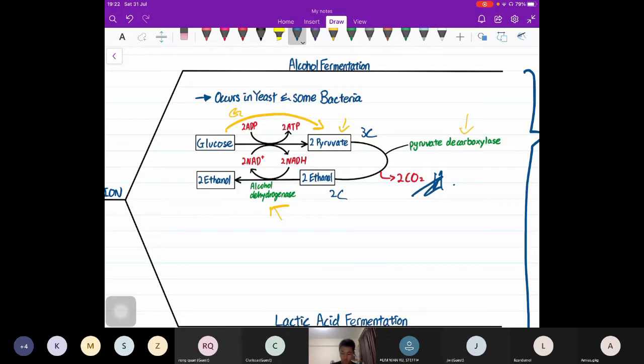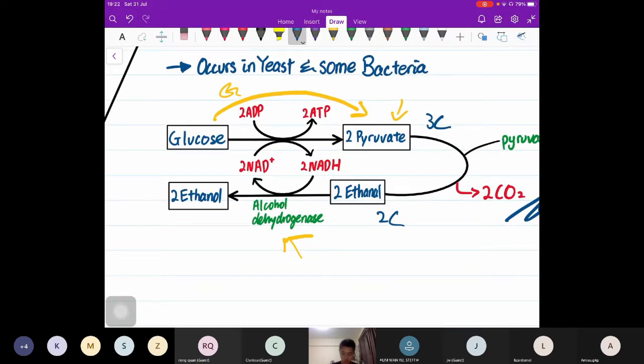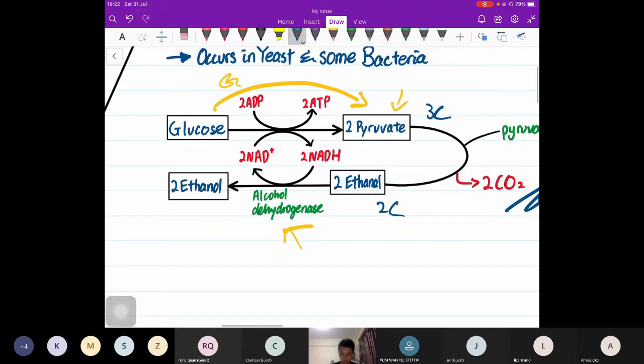So you have 2 CO2 molecules, and then you use alcohol dehydrogenase to get 2 times ethanol, and your 2 NADH becomes 2 NAD+.